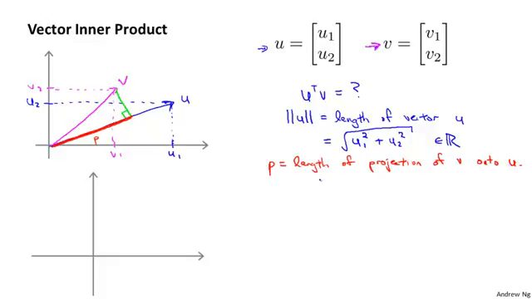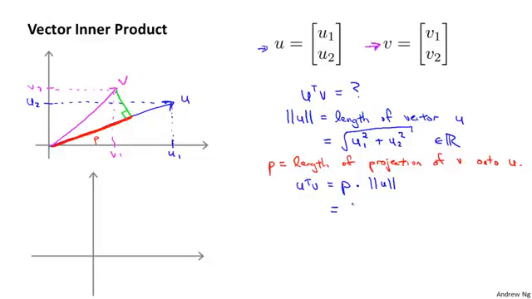And it's possible to show that the inner product u transpose v is going to be equal to p times the norm, or the length, of the vector u. So this is one way to compute the inner product. And if you actually do the geometry and figure out what p is and figure out what the norm of u is, this should give you the same answer as the other way of computing the inner product, right?